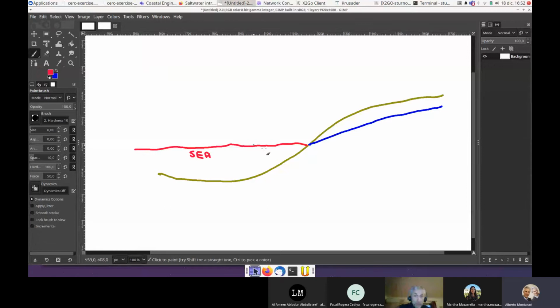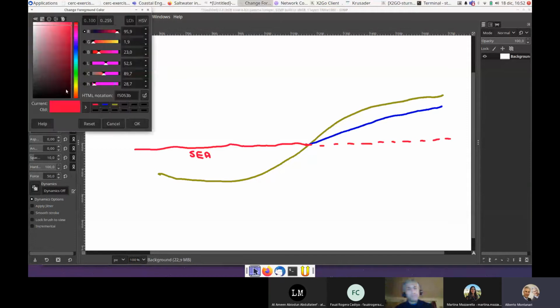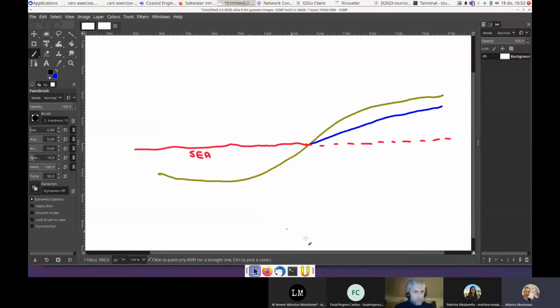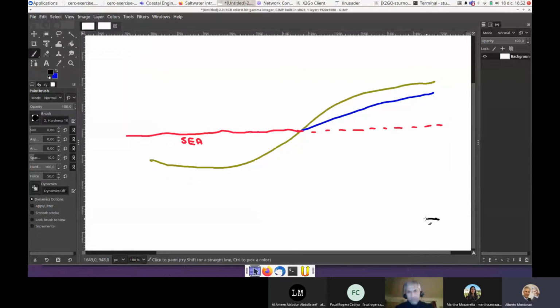Now let me continue. Let me extend the height of the sea level also on the right part of this graph. And let's suppose that we have here a bottom layer, which is not really needed, but this should be horizontal. Let me make it horizontal.